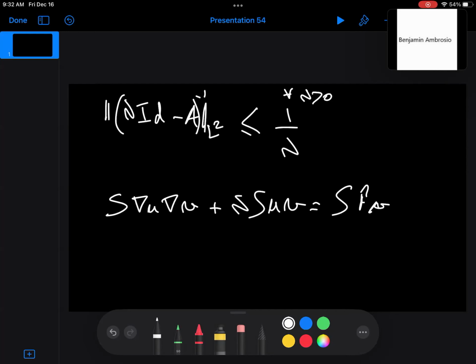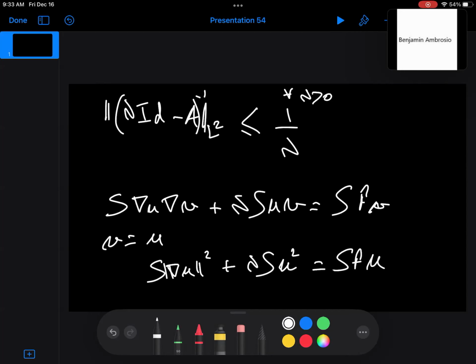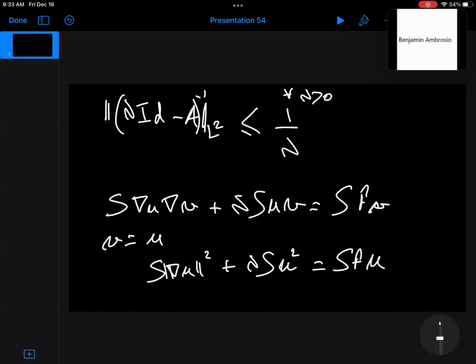If I choose v equals u, you obtain that the integral of grad u squared plus lambda times u squared equals fu. So what I obtain is that lambda times the norm of u in L2 squared is less than the norm of f in L2 times the norm of u in L2. This is Cauchy-Schwarz.